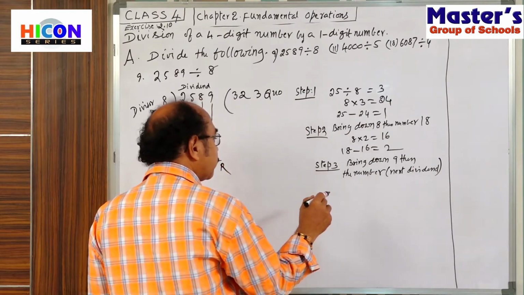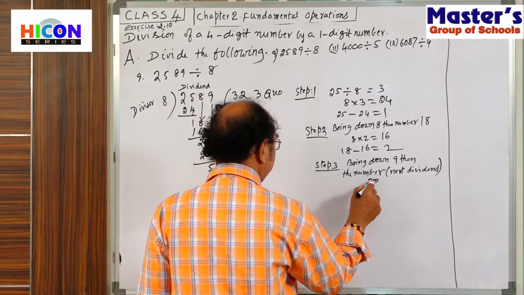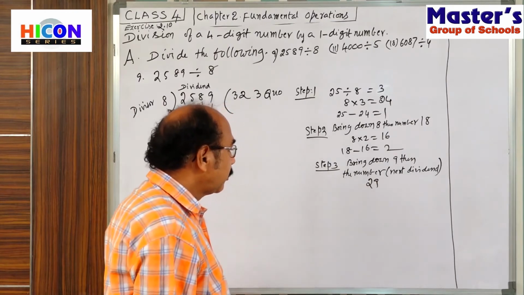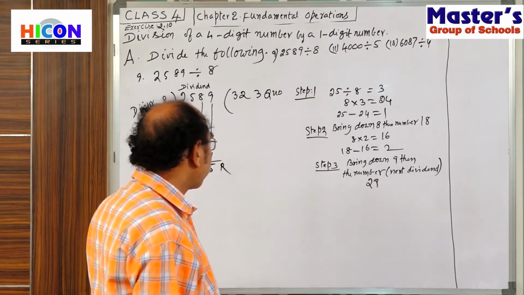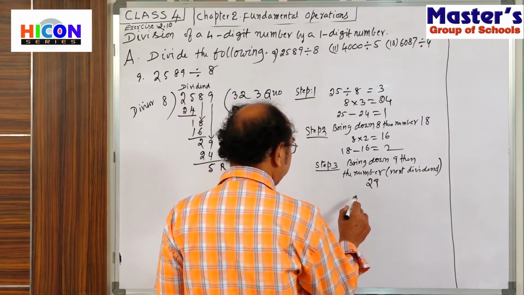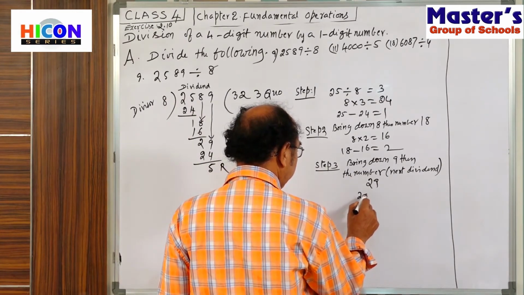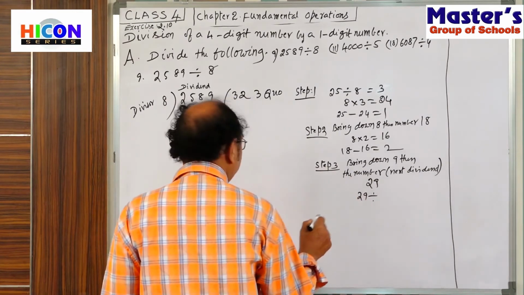What is the next dividend? 29. Now divide and subtract. Divide 29 with what? 8.